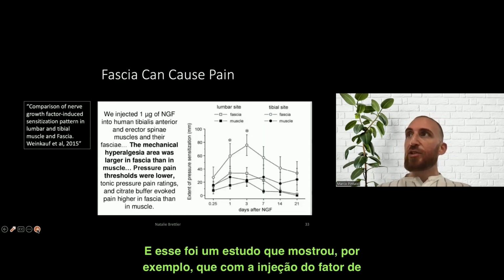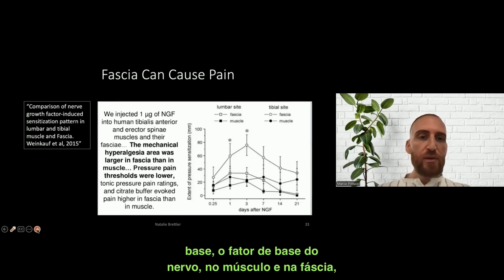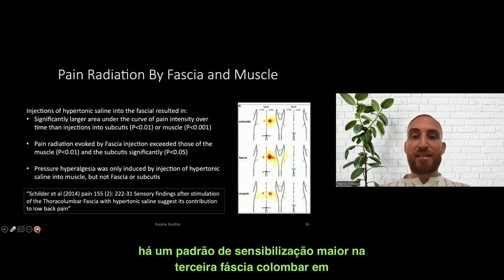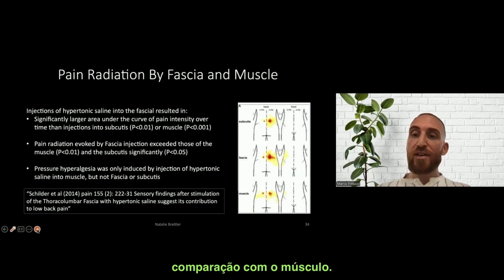This was a study that showed, for example, that with the injection of nerve growth factor in the muscle and the fascia, there is an increased sensitization pattern in the thoracolumbar fascia compared to the muscle.